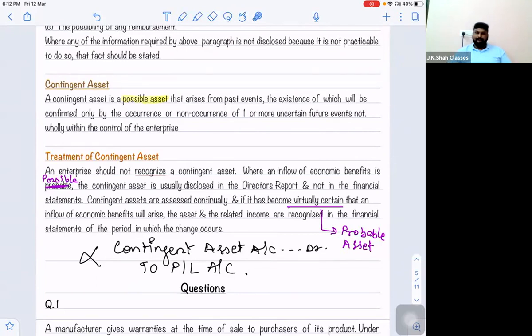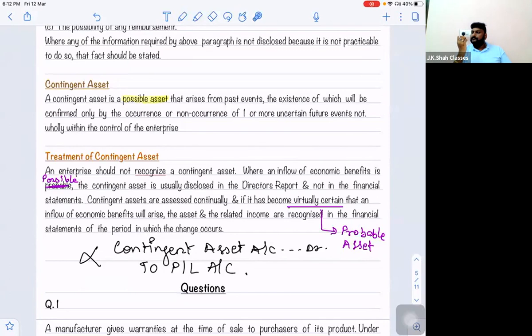Anybody else? Anybody with any point with respect to contingent asset or liability? I'll wait for 10 to 20 seconds. If nobody asks, I'll go ahead. Yes, Ritika.